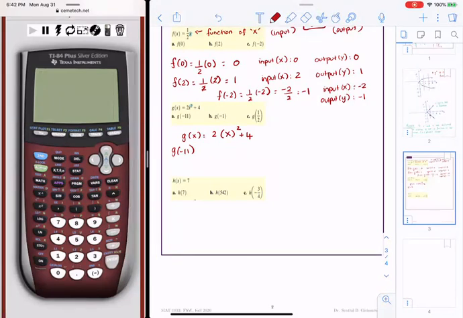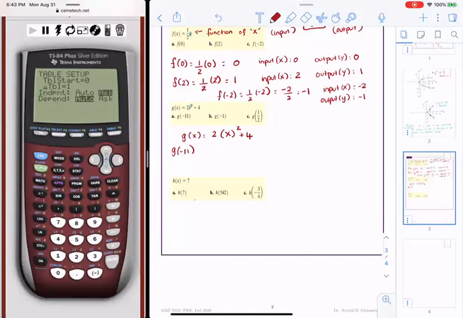Now press second window. You should see the table set up. Leave everything as is and switch over to that line where the cursor is blinking. That is the independent variable. I'm going to switch that over to ask and leave the dependent variable as is.